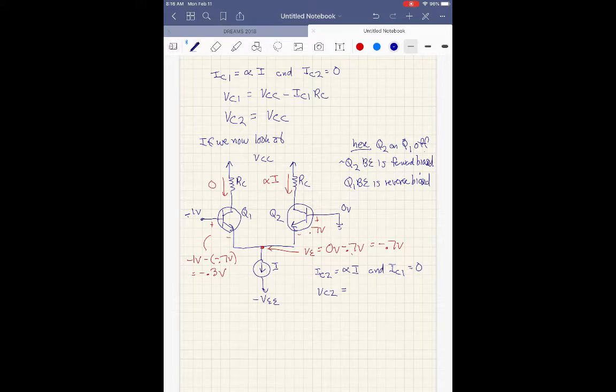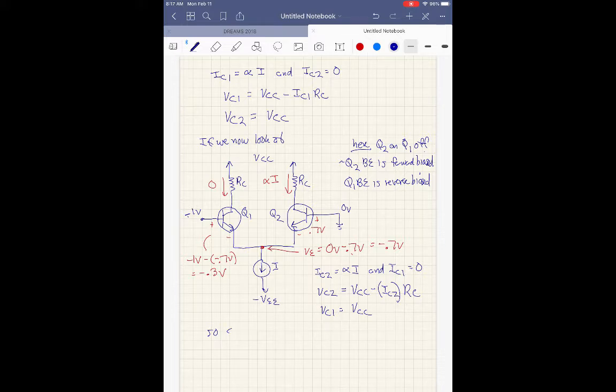VC2 is going to be VCC, because it's on, minus IC2 times RC. And VC1 is just going to be VCC, because no current flows through that collector resistor attached to Q1. So our current can be easily steered from one transistor to another.